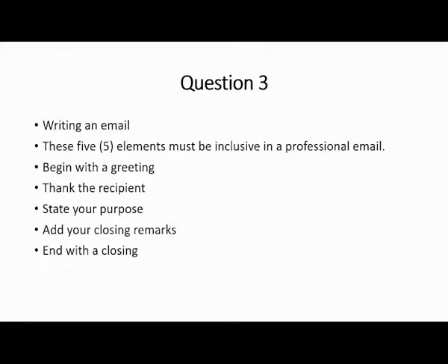These are the 5 elements that should be included when you're writing a professional email. And when you are greeting in a professional email, do not greet as if you are writing an email to your friend.